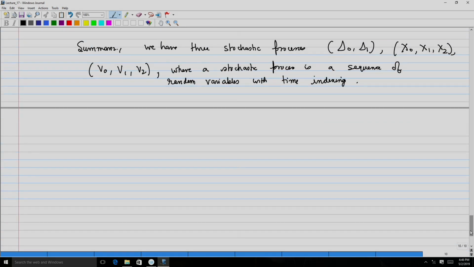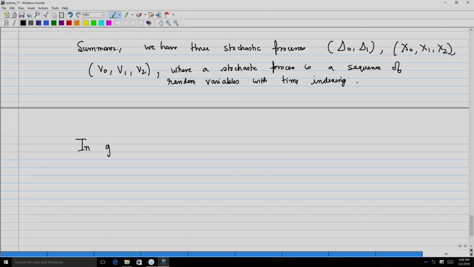Okay, so now let us see how we are actually going to extend this in a generalized case. So, in general, the value of a portfolio, the portfolio, as before, is a portfolio of holding a number of stocks, namely delta naught, delta 1 and so on, that you have seen previously.